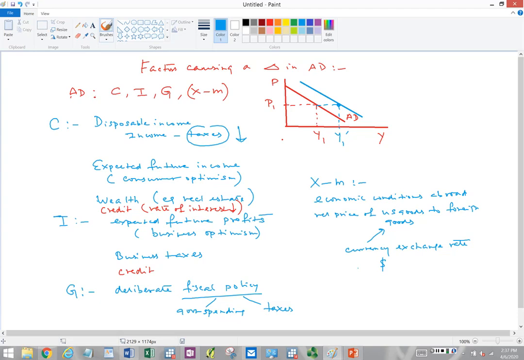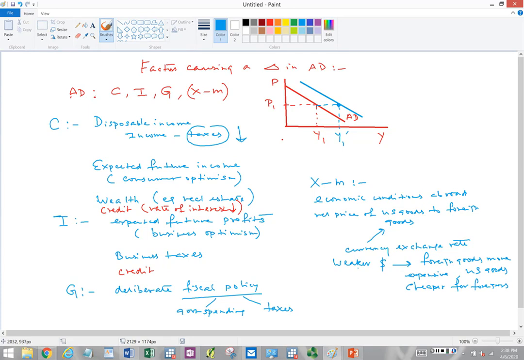Correct? So what would a weaker dollar do? A weaker dollar would do the following. It would make foreign goods more expensive for Americans, right? And US goods cheaper for foreigners.